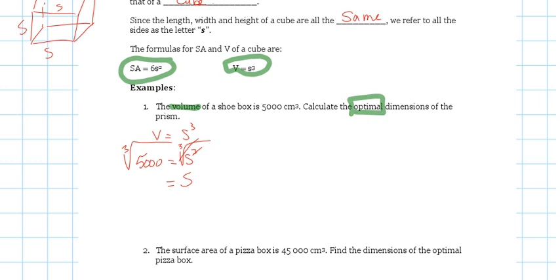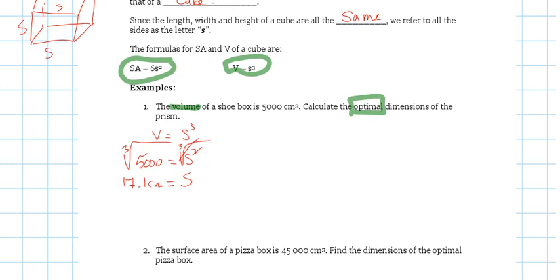Did we get that? 17.1. Okay? So that tells me that each one of my sides, for it to become a cube, to give me the optimal dimension, is 17.1 centimeter, right? So to answer the question, I don't stop right here.